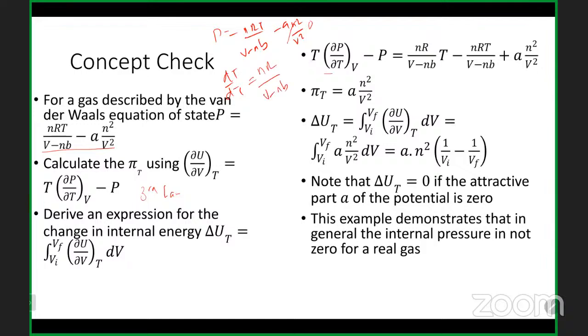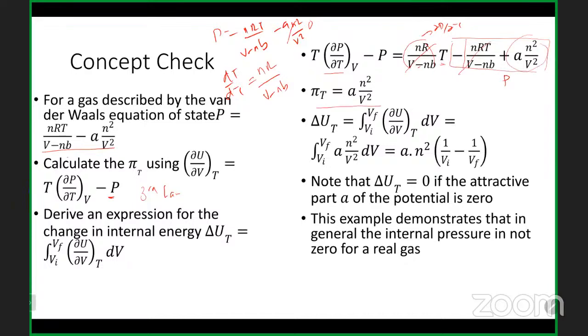So T times this will give nRT over V minus nb, which is the first term of P. Then minus P. The positive and negative terms cancel, so we are left with an squared over V squared.